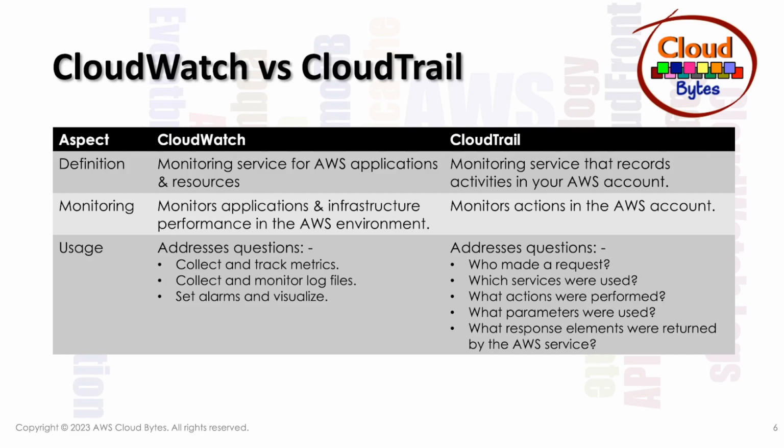CloudWatch is used to collect and track metrics, collect and monitor log files, and primarily set alarms and visualize. On the other hand, the questions that CloudTrail addresses are who made a request, which services were used, what actions were performed, what parameters were used, what response elements were returned by the AWS service, and those kinds of questions.